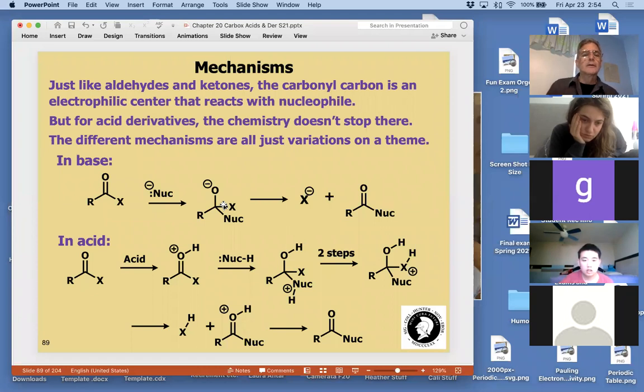Okay. This would be most generally applicable to hydrolysis of esters, where the nucleophile is water or hydroxide. Okay. So we're going to see this played out in various ways with variations. And if you know the basic mechanism here and understand why some do it in slightly different ways, it'll be a lot easier to learn them all.